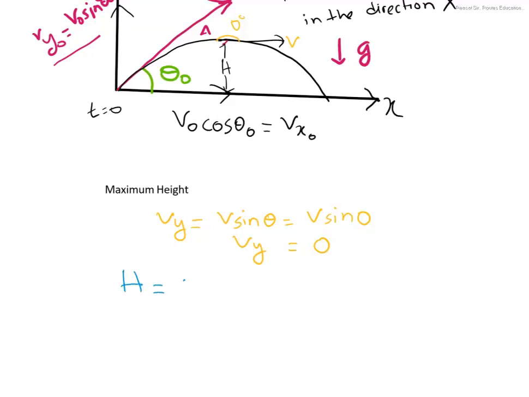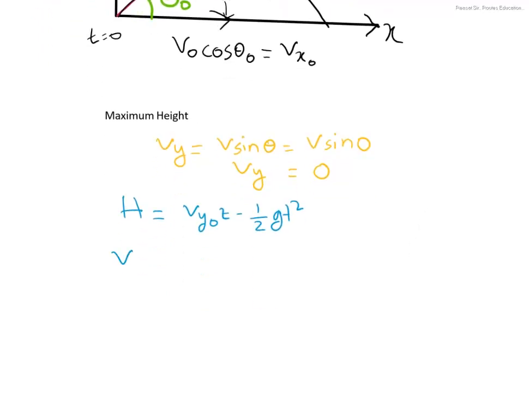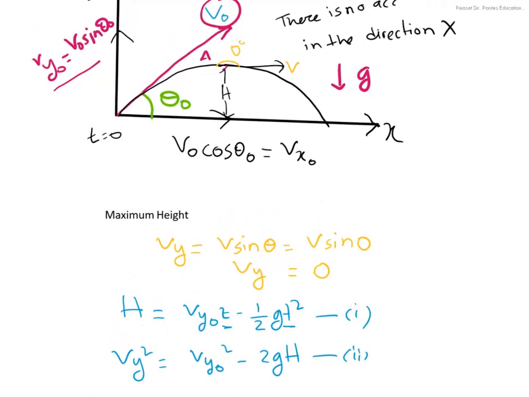So this is our first assumption to find the maximum height, where the velocity in the y direction is 0. From the formulas, we know that h equals vy naught t minus half g t square. Another formula we know is vy square equals vy naught square minus 2gh. Which formula should we take? In the first formula, t is unknown here, so we're going to use the second formula, vy square equals vy naught square minus 2gh.